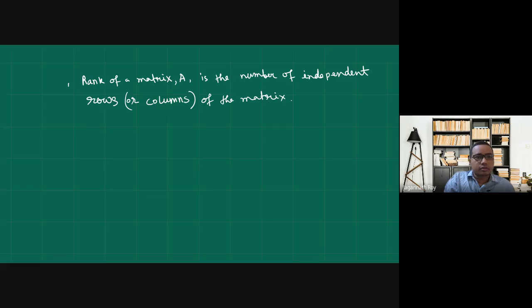Okay. That is one definition. Another definition we have already seen, that the rank is the dimension of the row space or the column space.